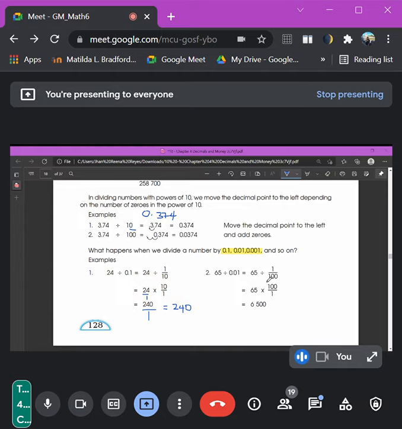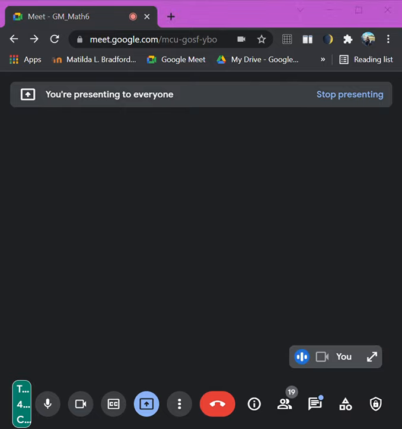And now we have our second example. We have 65 divided by 0.01. Same process again, class. The decimal, we change into fraction form, and then we are going to do the division of fractions.